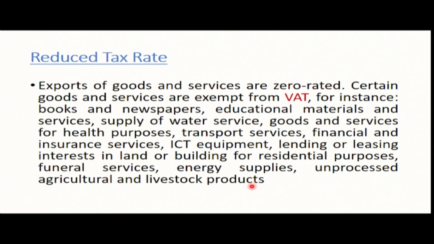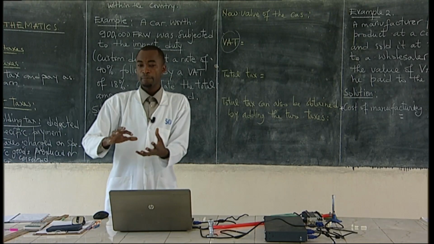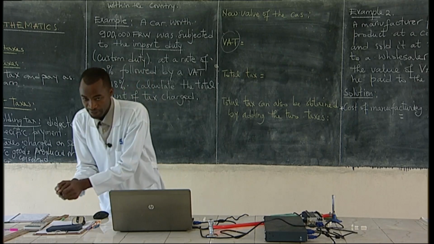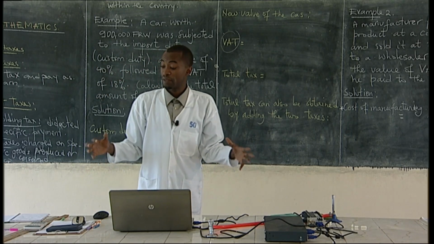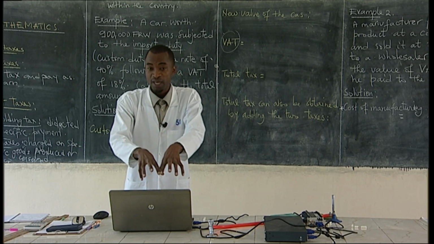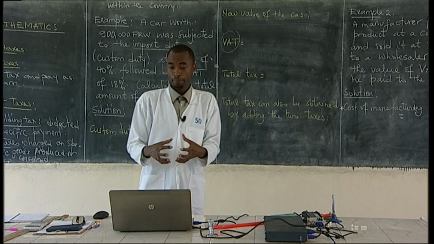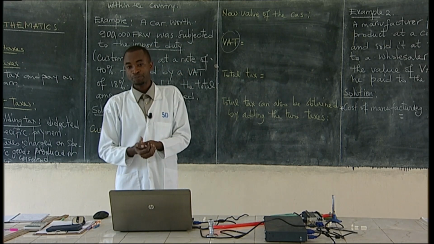All these are the things that the government tries to reduce the money they want to charge as taxes, because they want people to invest a lot in those services because they're very important to the lives of the country.